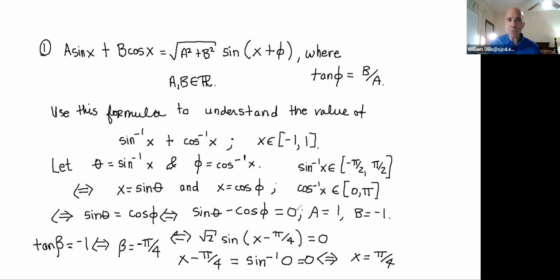So what we can see at this particular juncture is that inverse sine of x plus inverse cosine of x, again, I've been sloppy about using different values, will just be pi/2 for x an element of -1 to 1.